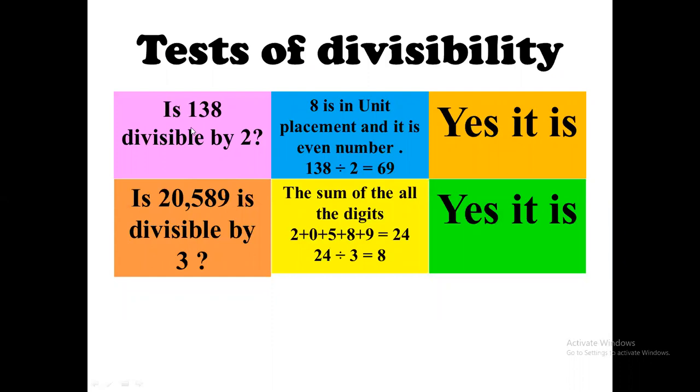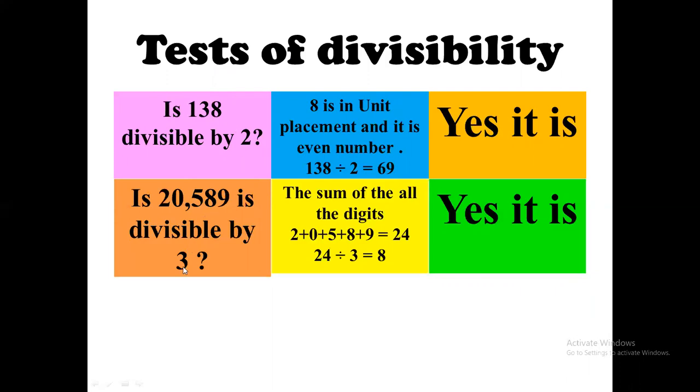Over here, the first number is 138, and you have to find out whether it is divisible by 2 or not. Remember your rule that for divisibility of 2, it should be even. That means the unit place must have an even number. Yes, it is. It is having 8 in the units place, so it is divisible by 2, and you will get the answer 69. So yes, we can say that 138 is divisible by 2.